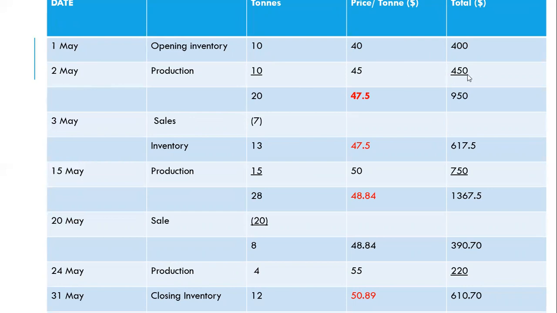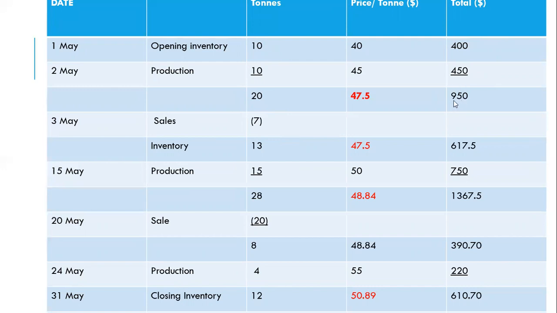Now, because we are using the weighted average cost formula, we are going to find the total units, which is 20 tons: opening inventory 10 tons, production 10 tons. Then we add the total valuation, 400 plus 450, which gives us 950.